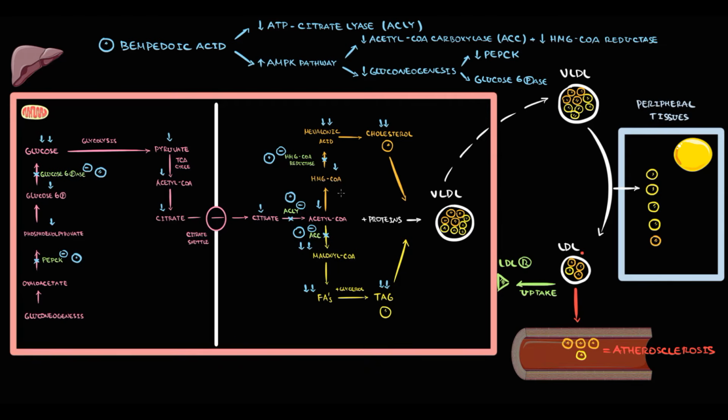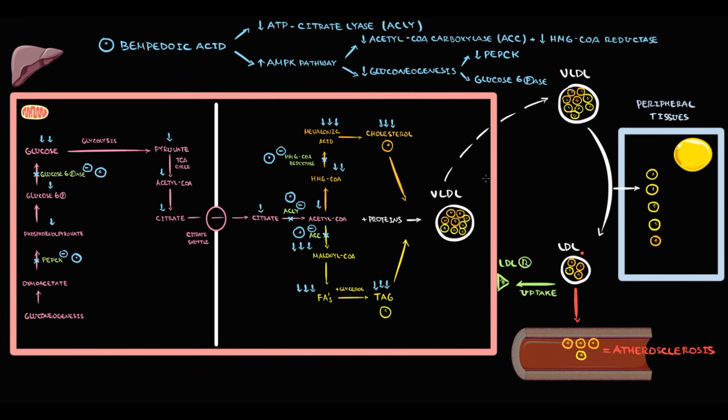With decrease in acetyl-CoA, the formation of substrates from which we make cholesterol will decrease, so cholesterol production will decrease. And also, without acetyl-CoA, the production of fatty acids will decrease, and thereby it will cause decrease in production of triacylglycerols. As we see, all these effects lead to a reduction in cholesterol and triacylglycerols production.